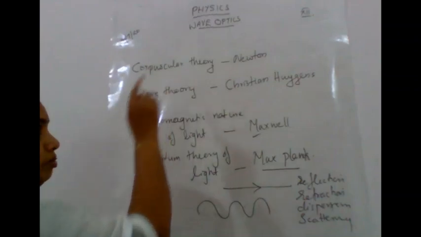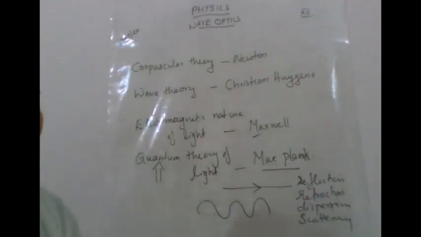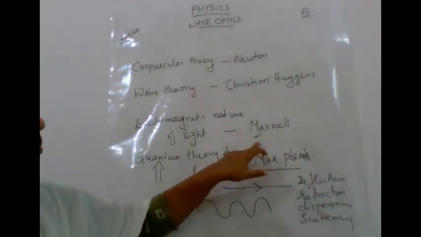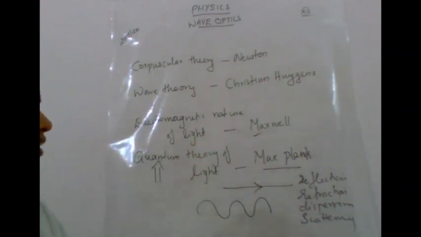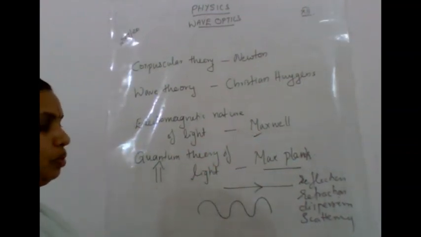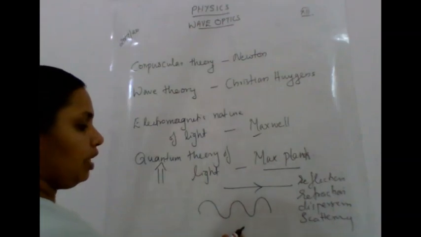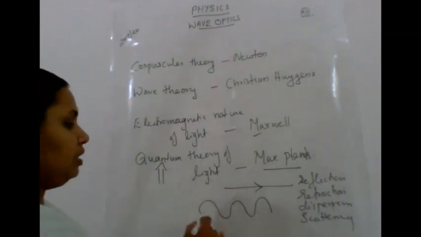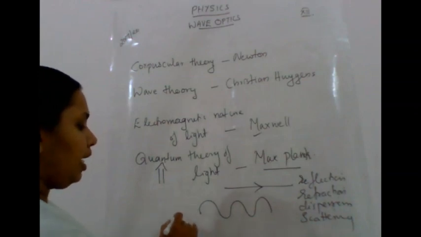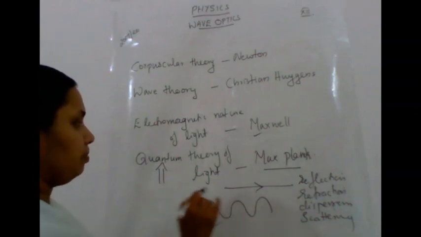First, it was believed to have only the ray nature, by Newton. Then the wave theory comes, then the electromagnetic nature, and based on the electromagnetic nature, it is proved that light is not a longitudinal wave, it is propagating as a transverse wave. Okay, sound wave is a longitudinal wave, but light is a transverse wave.